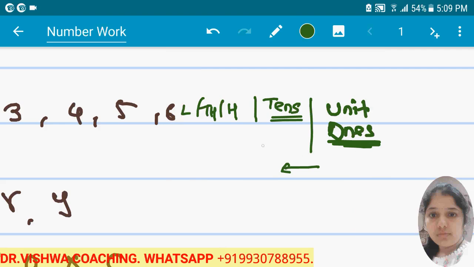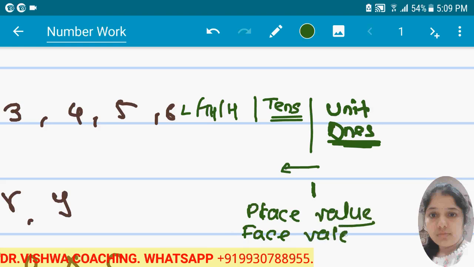Ten thousand has a different nomenclature. In our naming system in the Indian format, we just write unit, tens, hundred, thousand and lakhs.